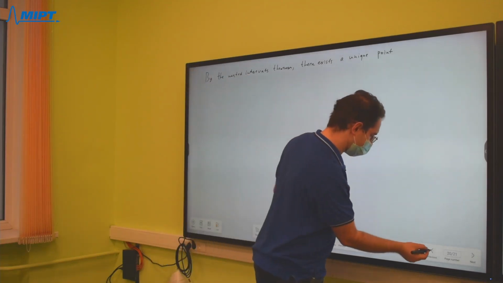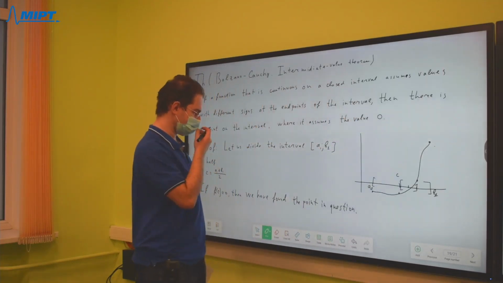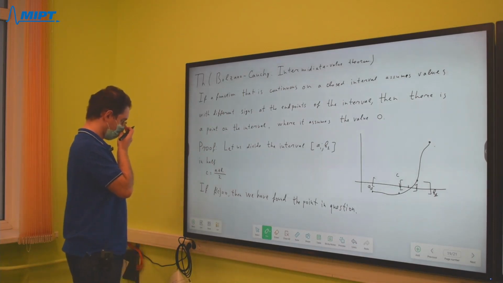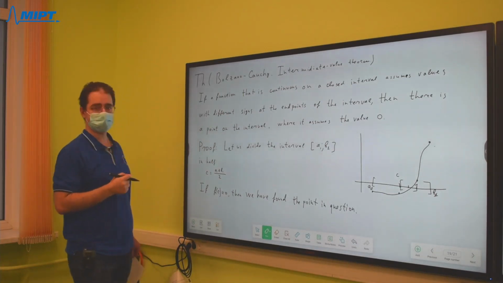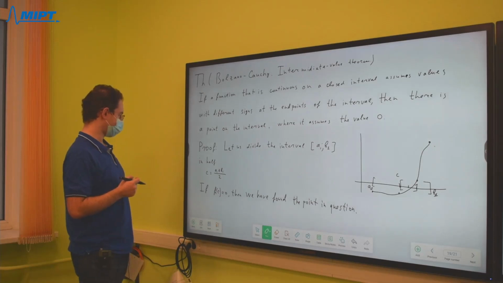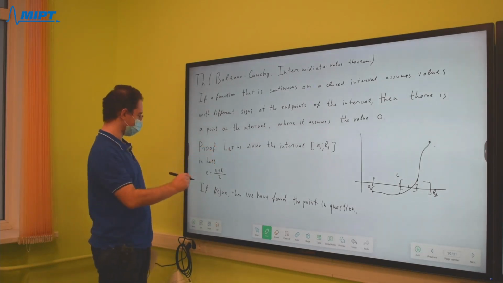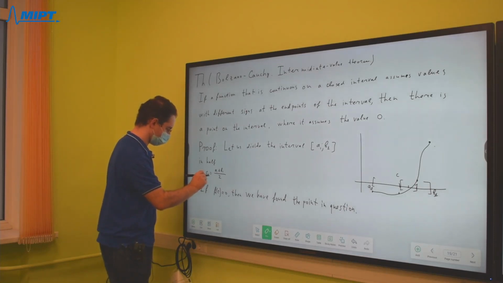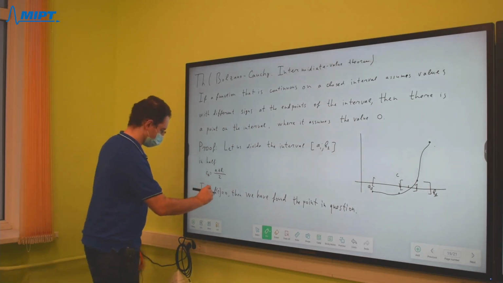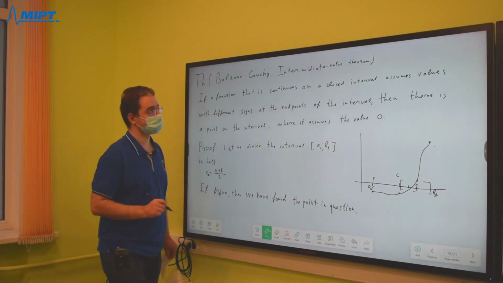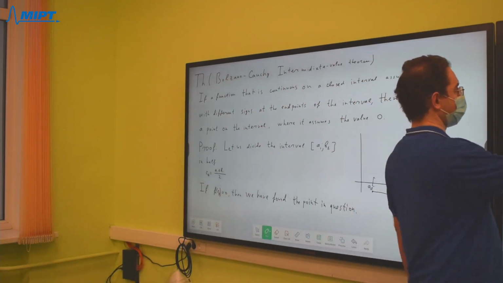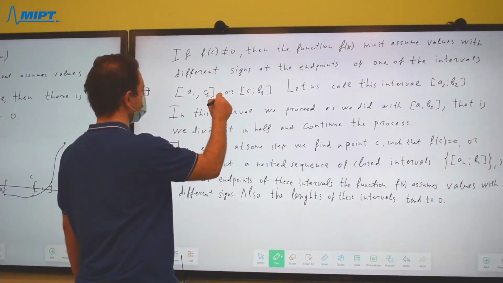Guys, let's rename those middle points a bit. So in the first half of the proof, let's call the middle point in the first interval C1. So this would be C1, and then this would be from A1 to C1.